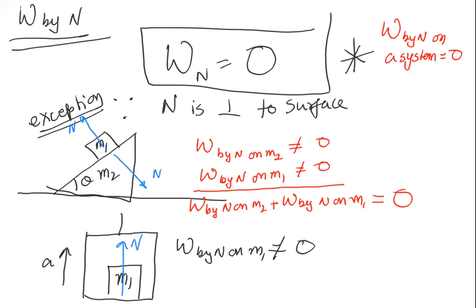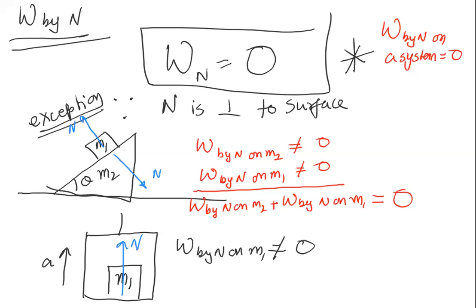99.9999% of the questions, normal reaction will be zero. Okay, in some special scenario like this lift wala scenario, if somebody is crazy enough to ask you, now tell me, what will be the work done by normal reaction? Then you will have to do normal reaction into cosine theta into path length to find out the work done by normal reaction.